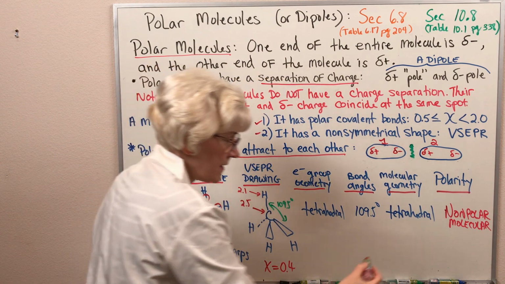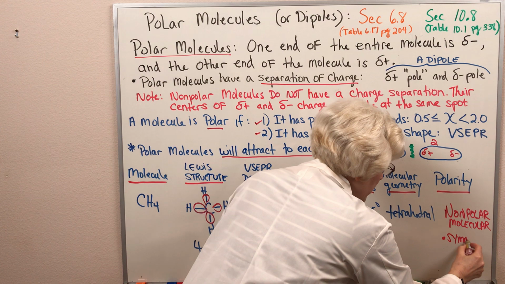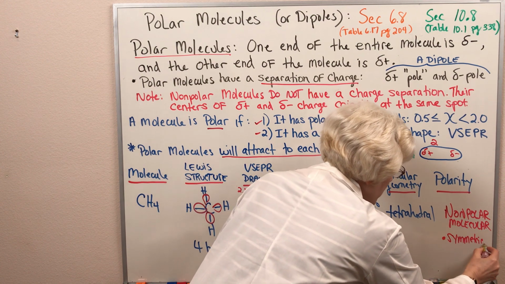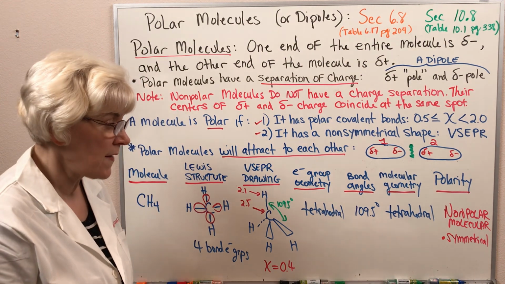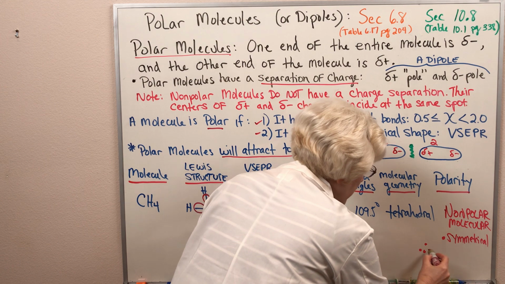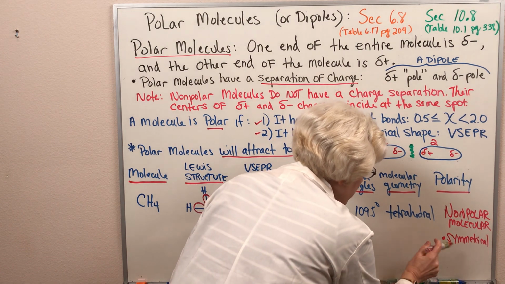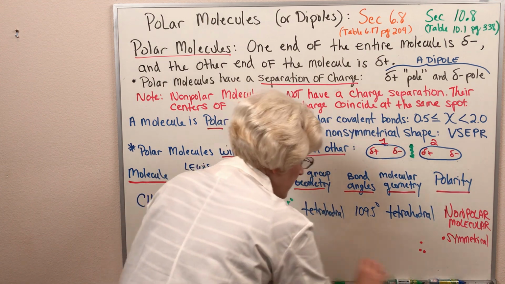And the key reason for that is because it has a symmetrical shape. It is not a non-symmetrical molecule. It has a symmetrical shape, therefore the partial positive and partial negative charges coincide. Right?